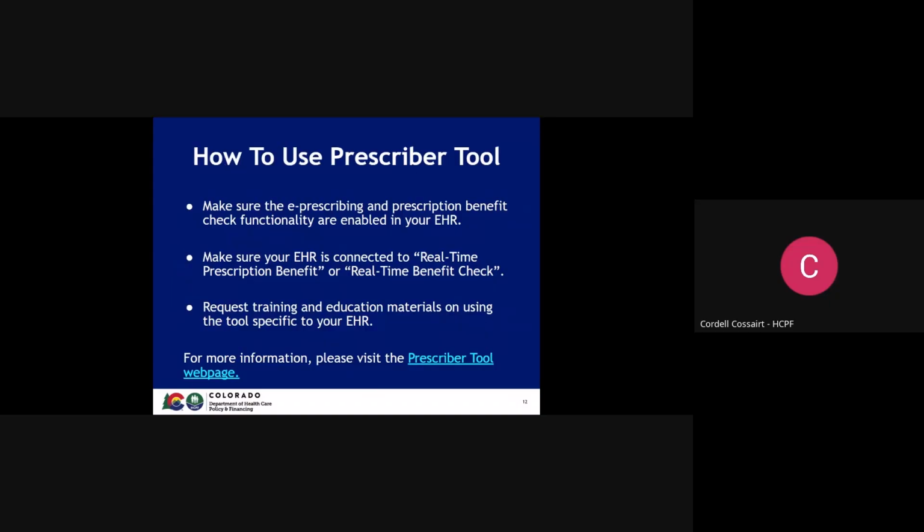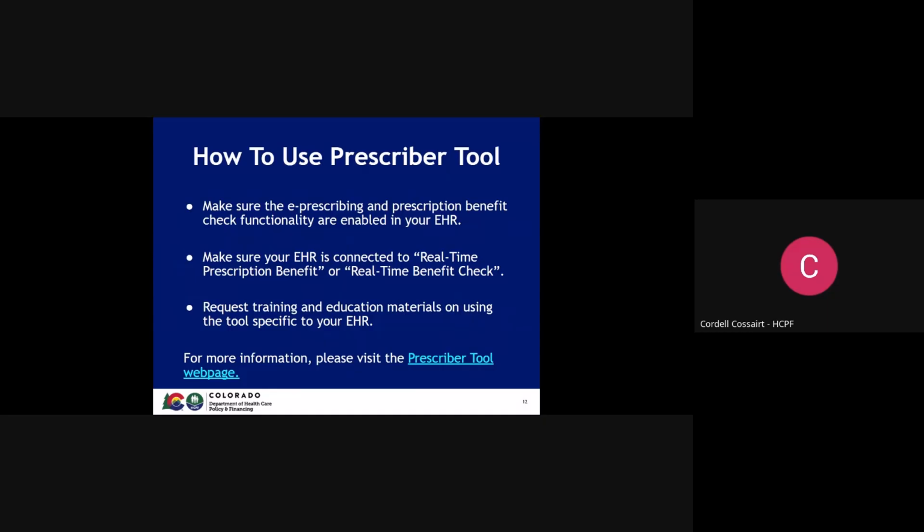So how can a practice use the Prescriber Tool? If your electronic health record system is compatible with the Prescriber Tool, you will not need to download anything additional. How the Prescriber Tool works within each electronic health record system will vary from system to system and even from version to version. Our current real-time benefits inquiry module vendor is SureScripts.